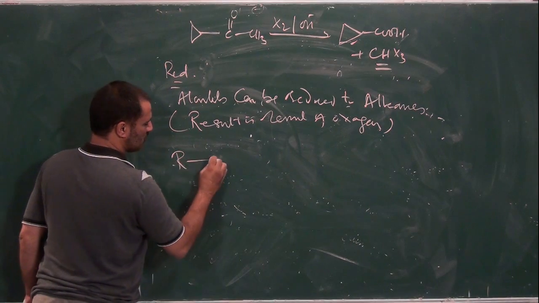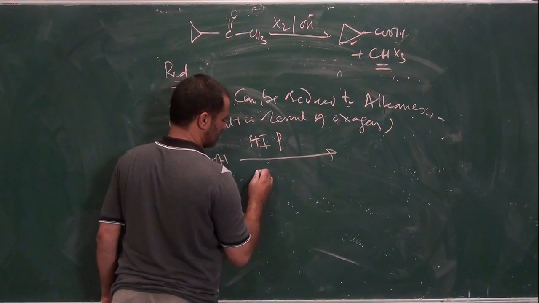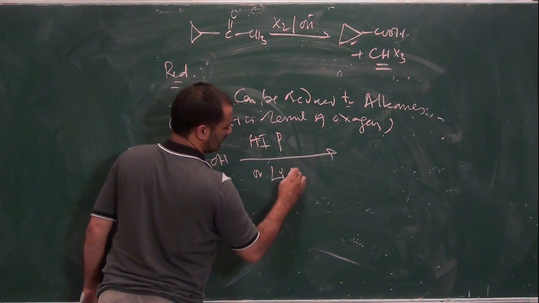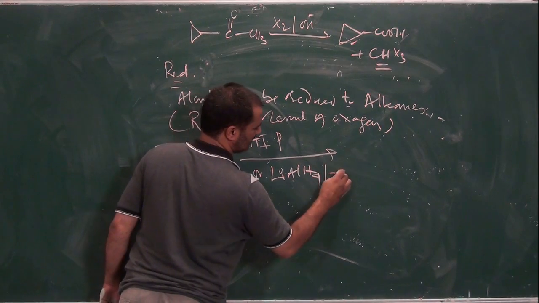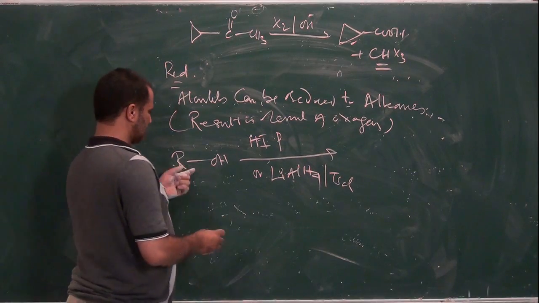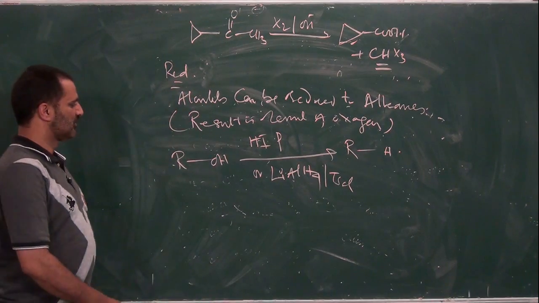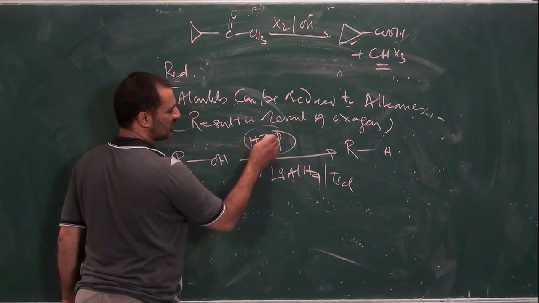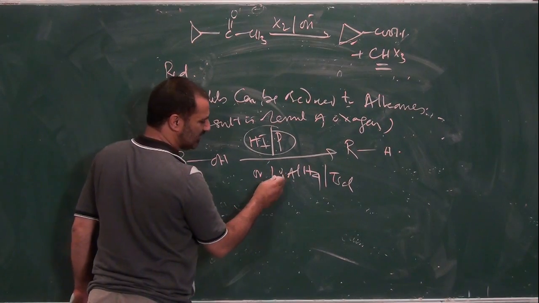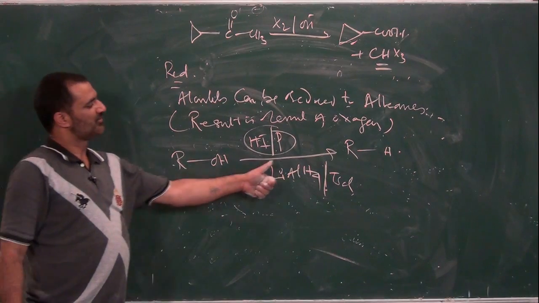ROH with HI and P, or lithium aluminum hydride and tosyl chloride, TsCl. What is the result? Removal of oxygen, it is formation of alkane. So both reagents can be used, HI and P, or lithium aluminum hydride and tosyl chloride, that is, ROH can be converted to RH.